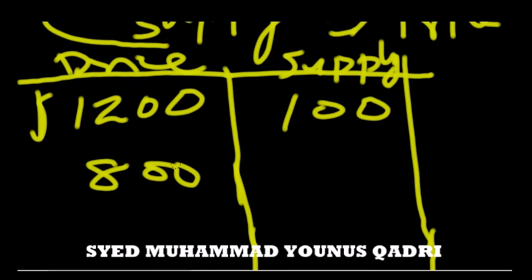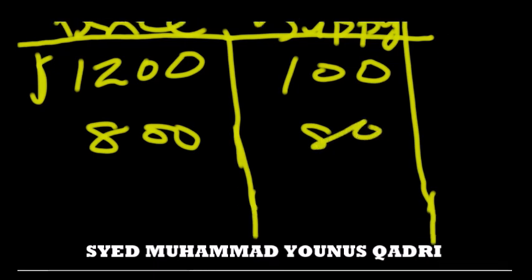So what will be your decision? The decision of the producer for profit maximization is that he will immediately reduce the supply to, for example, 80 or 100, anything like that.